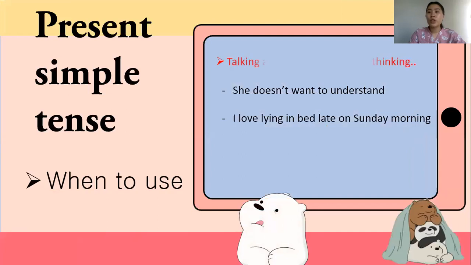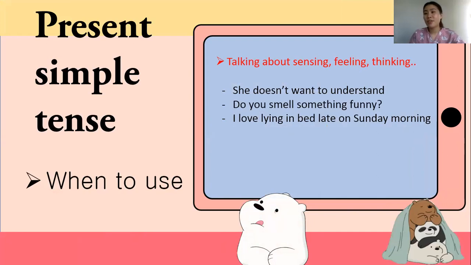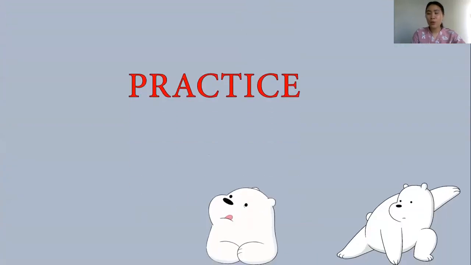And then we use present simple to talk about sensing, feeling, thinking, or saying. I think it's perfect. We just want to understand. Do you spell something perfectly? Or I love lying in bed all Saturday morning. It's all about sensing, feeling, thinking that you might do. Okay? So now we move to do some exercises.